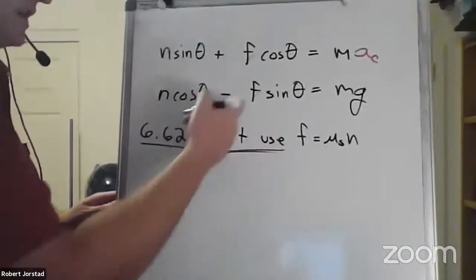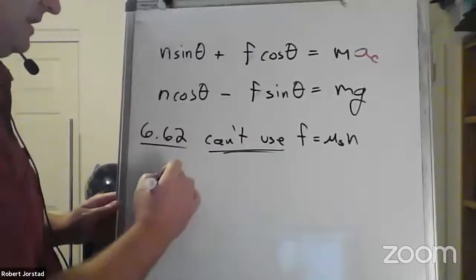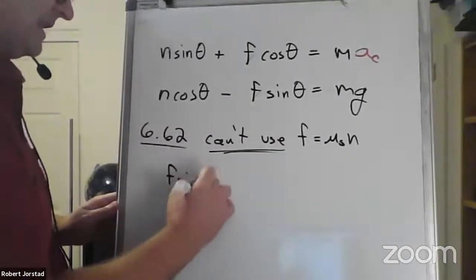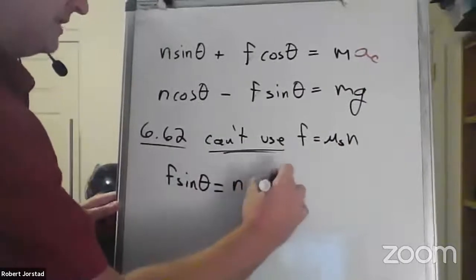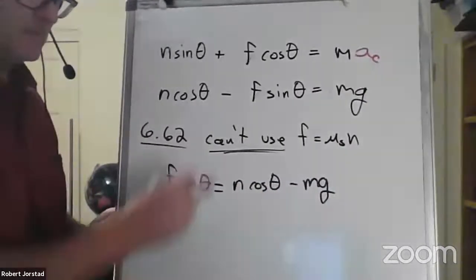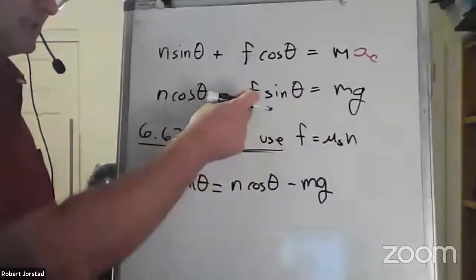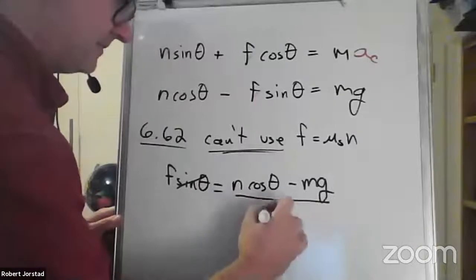So what you could do is solve this equation for F. Now this is always dangerous trying to do it in my head, but I think F sine theta is equal to N cos theta minus mg. Move that to there, move this to here. Then divide this by sine theta.